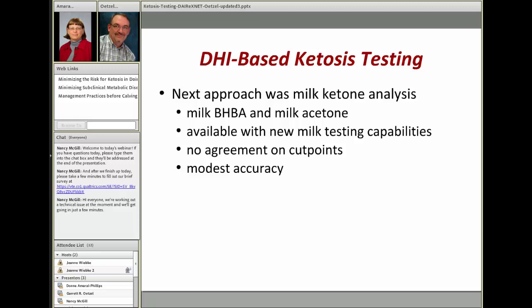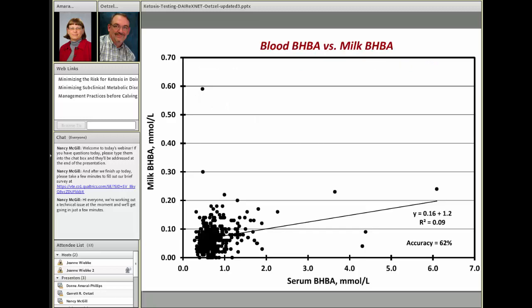And I've done work on this, and a lot of this is my collaborators' work, Dr. Heather White in the Dairy Science Department at UW-Madison. We started into this, and the first thing we did was look at the literature, saw almost no agreement at all on what the cut points were, especially for milk BHBA, and where cows were negatively affected by that. Saw pretty modest accuracy in the data that was reported.